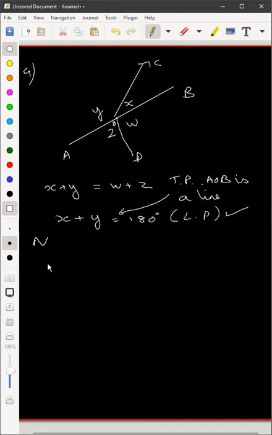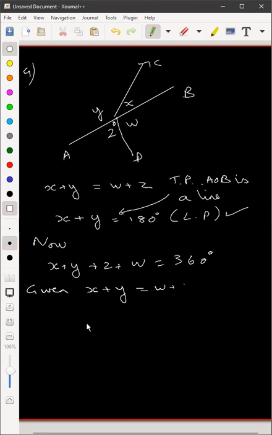Now, X plus Y plus Z plus W is equal to 360 degrees, correct? But given X plus Y is equal to W plus Z, it's given already here. So we can write this as X plus Y plus X plus Y is equal to 360 degrees.